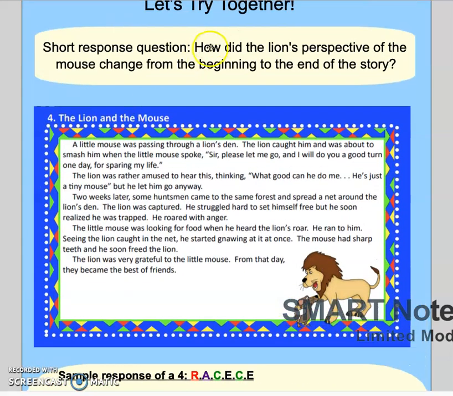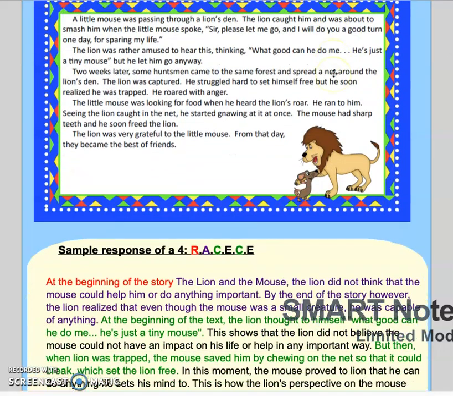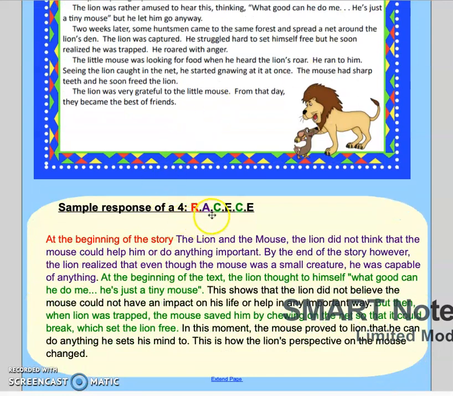The question is, how did the lion's perspective of the mouse change from the beginning to the end of the story? And I've color-coded my RACE response here. At the beginning of the story, that's my restate, the lion and the mouse, that should be red, boys and girls. I will change that. The lion did not think that the mouse could help him or do anything important.